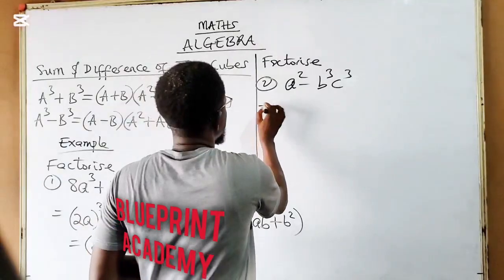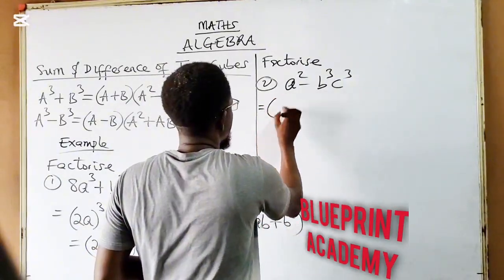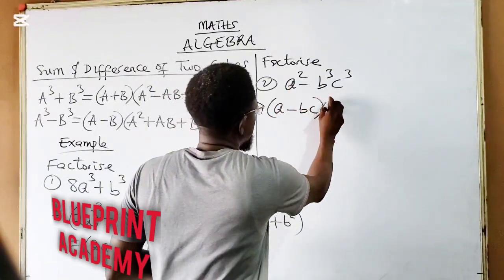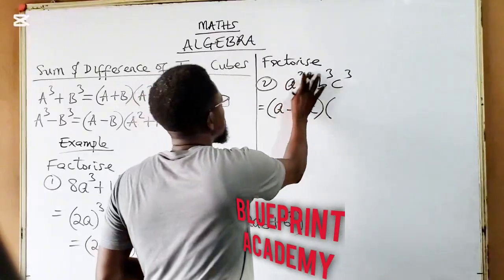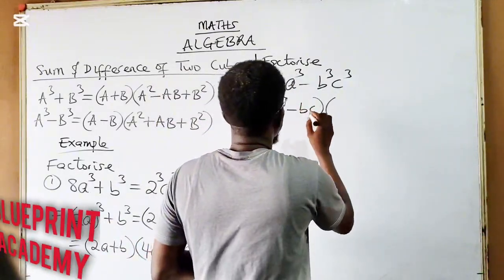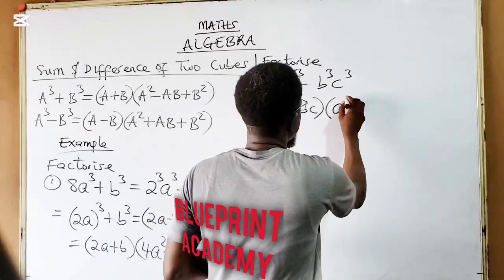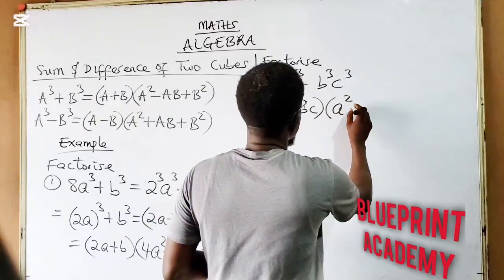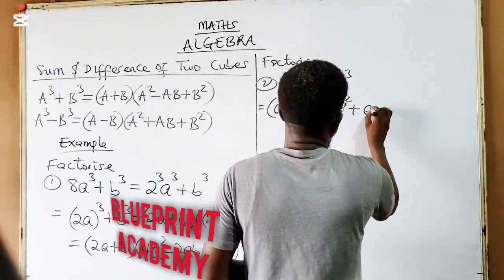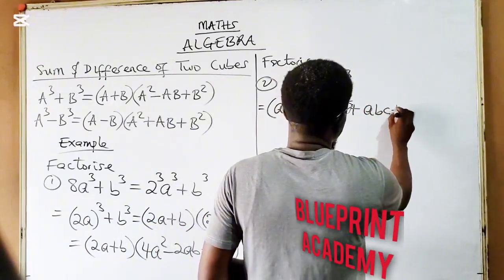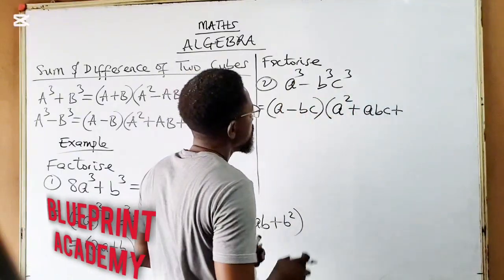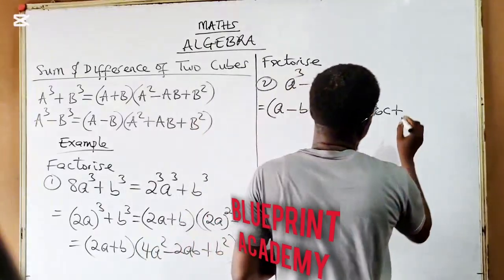So this one will give us a minus b, that's bc. Next bracket, we have a squared plus ab, which is abc now, plus b squared, which is now (bc) squared.